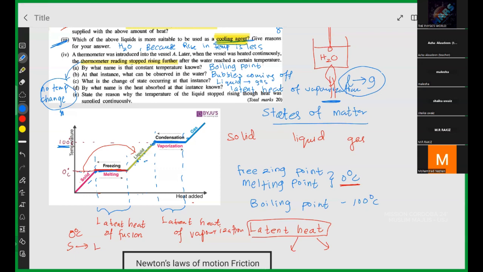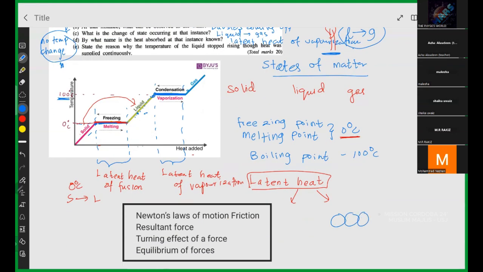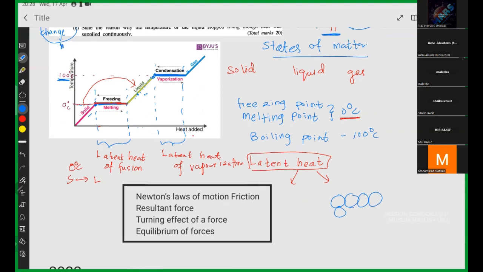Okay. Now see, why are they absorbing the heat? So this is solid particles, tightly packed. Solid has to be converted to liquid so that they will have a gap between the particles. This is solid, this is liquid. So during fusion, this latent heat of fusion is used to break the bond.